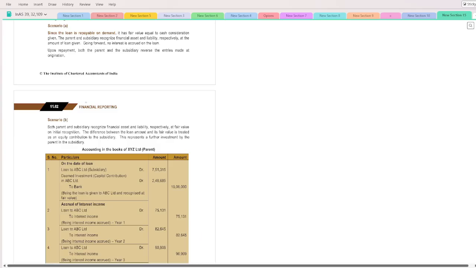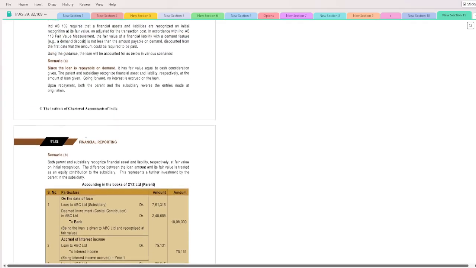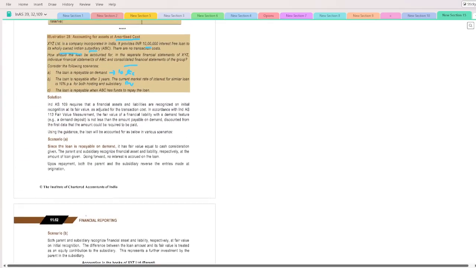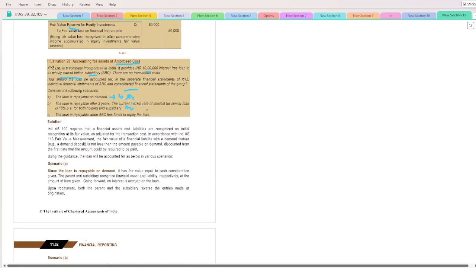Okay, so just quickly I will be showing you the calculation. Here it is 10 lakh. The market interest rate is 10%, correct? And this is an interest-free loan. So that means the fair value is not given here.